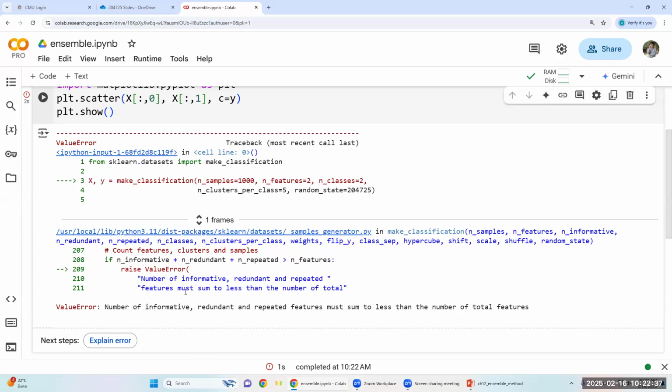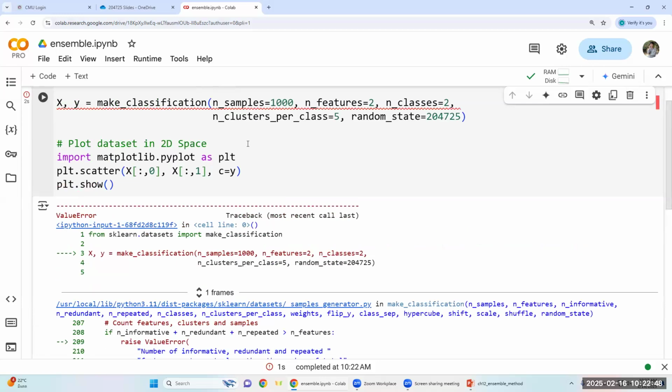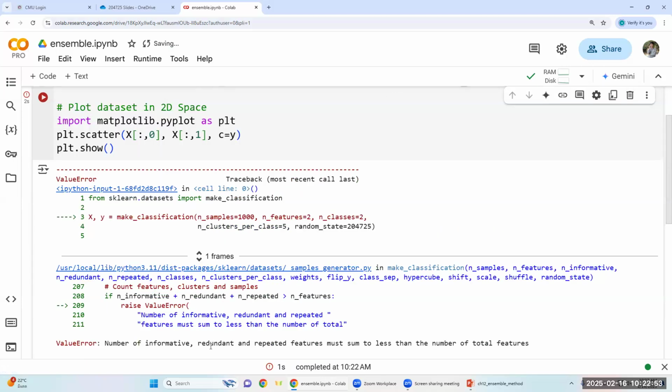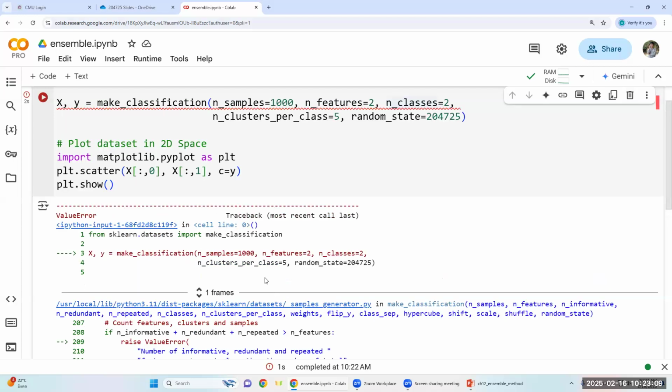So we have to put the number of informative, number of redundant, number of repeated. This sum has to be less than the number of total features. So we pick n_features to be 2. So basically these three numbers, informative, redundant, repeated, have to be less than or equal to n_features.